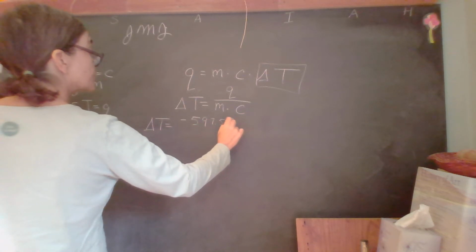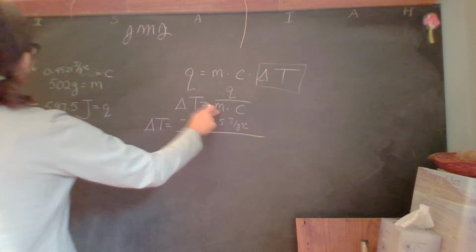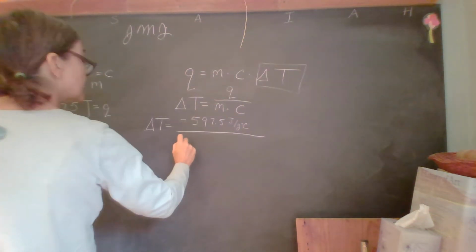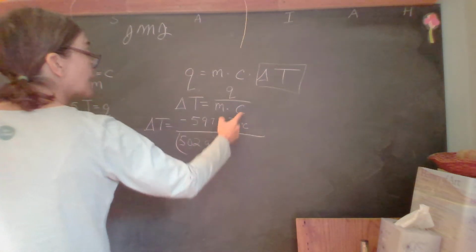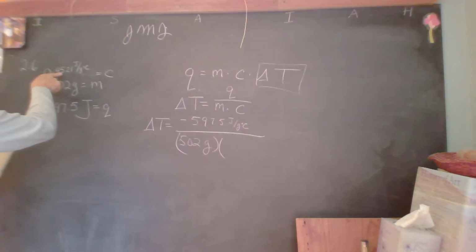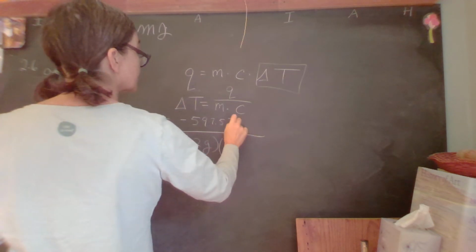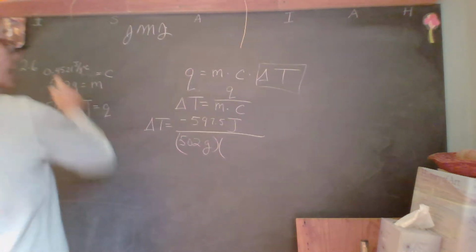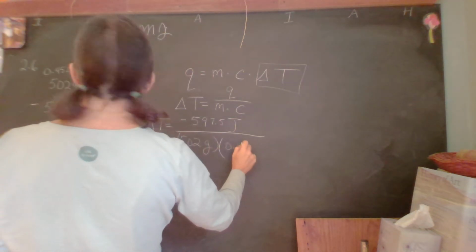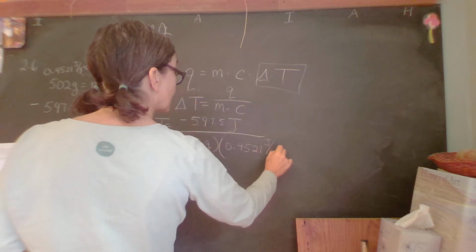597.5 joules, that's Q, over the mass, 502 grams, times the C. Excuse me, this is a lie, bad teacher. This is just joules, I beg your pardon. This is just joules. And the C is 0.4521 joules per gram degrees Celsius.